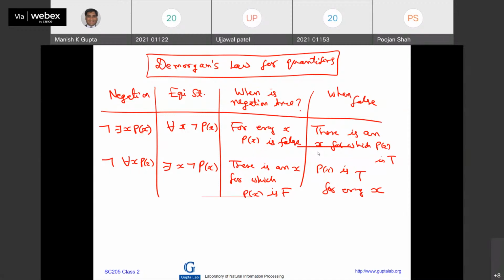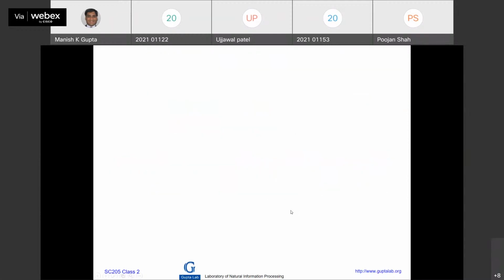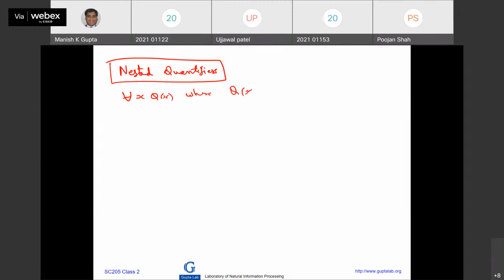Now, on quantifiers, I can talk about nested quantifiers. Something like this: for every x, Q(x), where Q(x) is there exists y, P(x,y), where P(x,y) is x plus y is equal to 0.